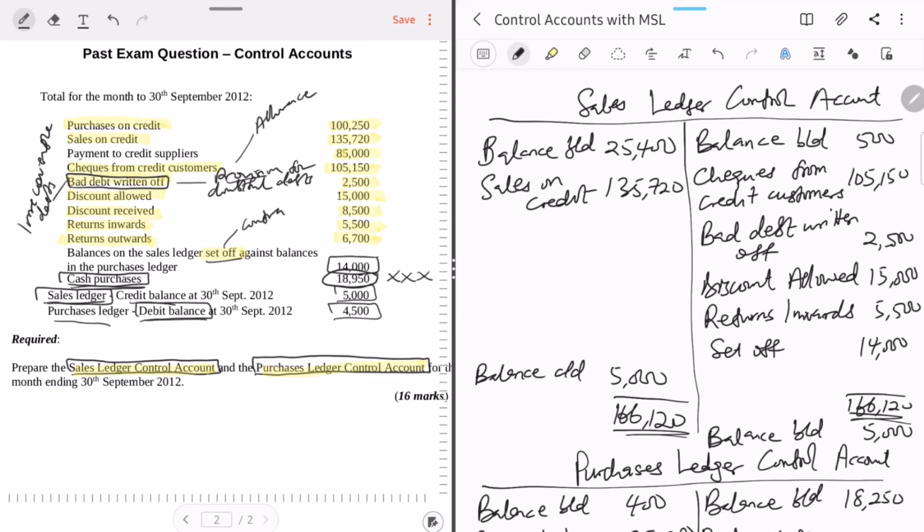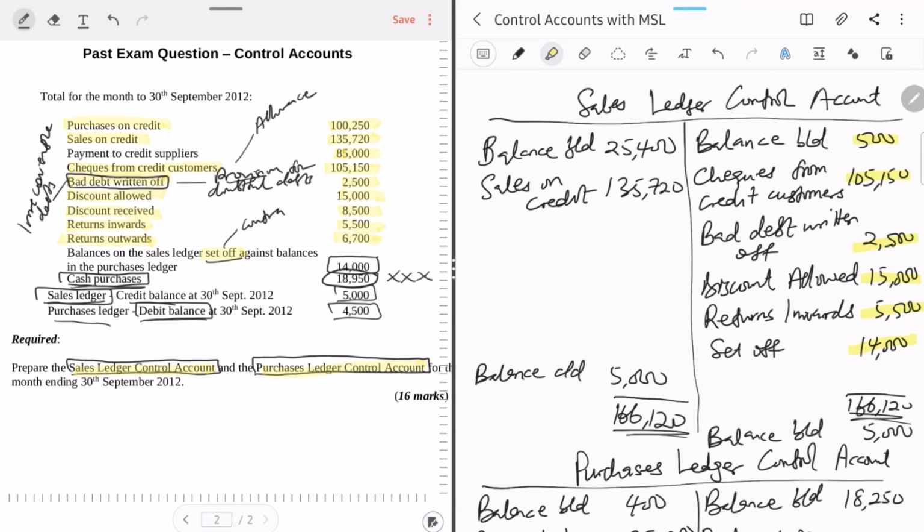So what is it going to be? 500 plus 105,150 plus 2,500 plus 15,000 plus 5,500 plus 14,000. Then all of this subtracted from 166,120.